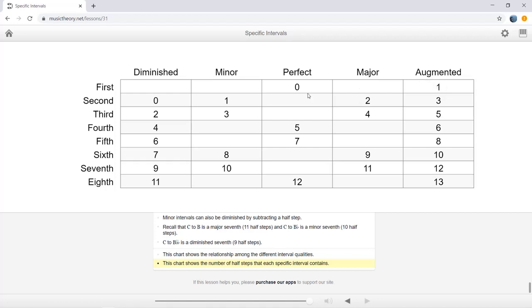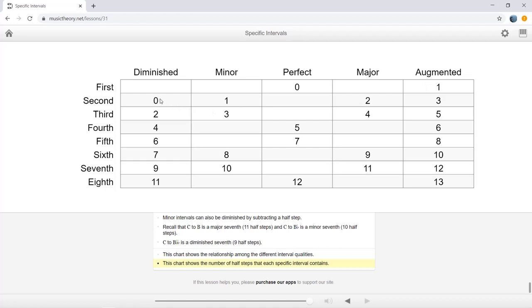So if you go from C to C, that's a perfect first. If I go to C sharp, or C to C flat, that is called an augmented first. Okay? Intervals can go up or down.